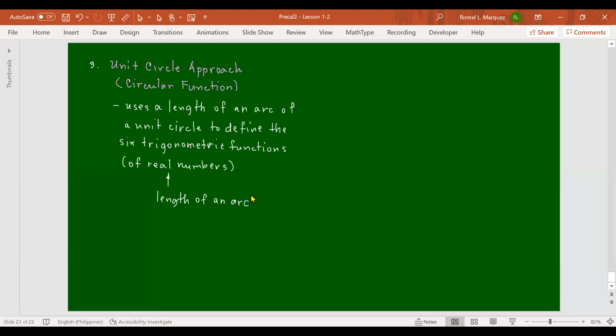If the length of an arc is, let's say, pi units, the measure of the central angle is pi radians, which is 180 degrees. So you can shift from circular to Cartesian plane, and the special case, the right triangle, if positive acute. So these are the three approaches.